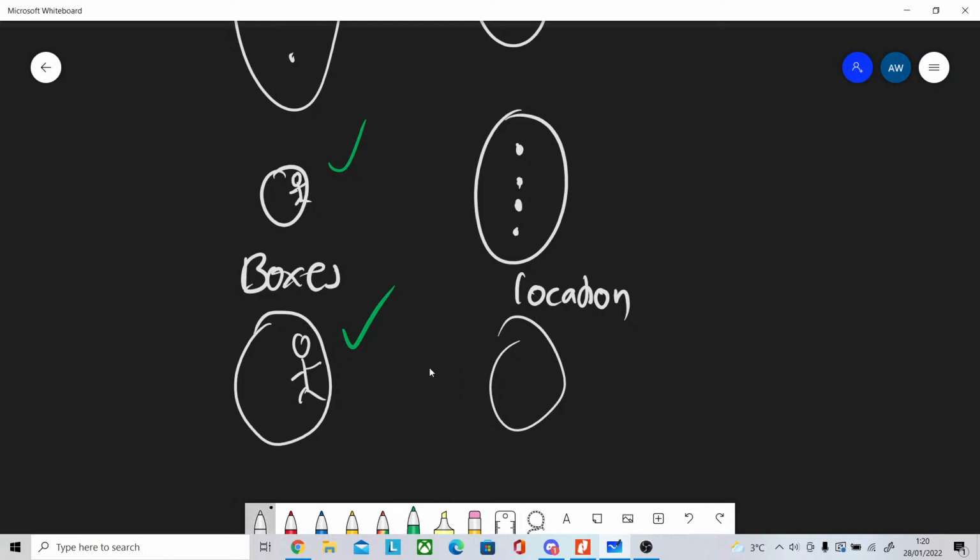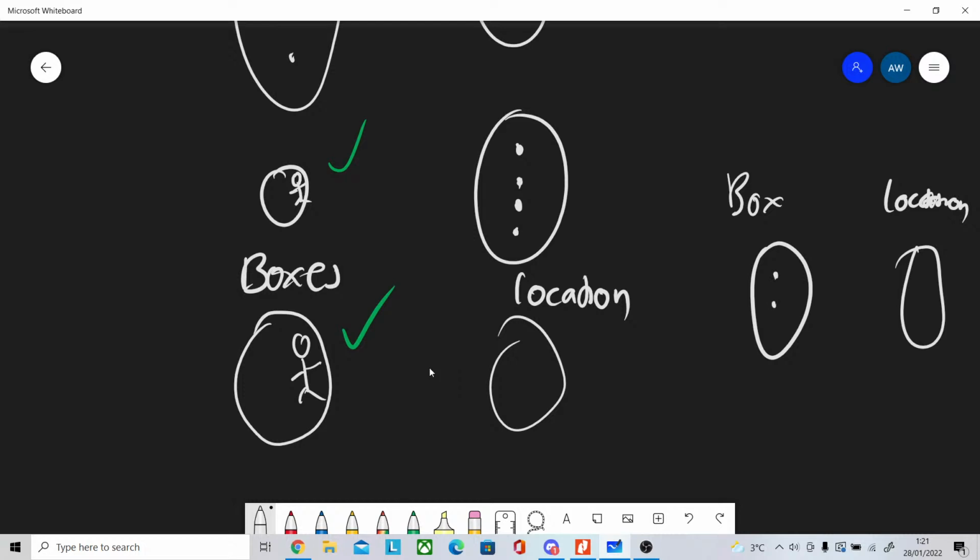Obviously, if you have a normal example with the box and location analogy I just came up with, your boss tells you to move boxes into a certain location, then there is one job that you can do: move box 1 into this location, move box 2 into this location, because that's the only combination there.